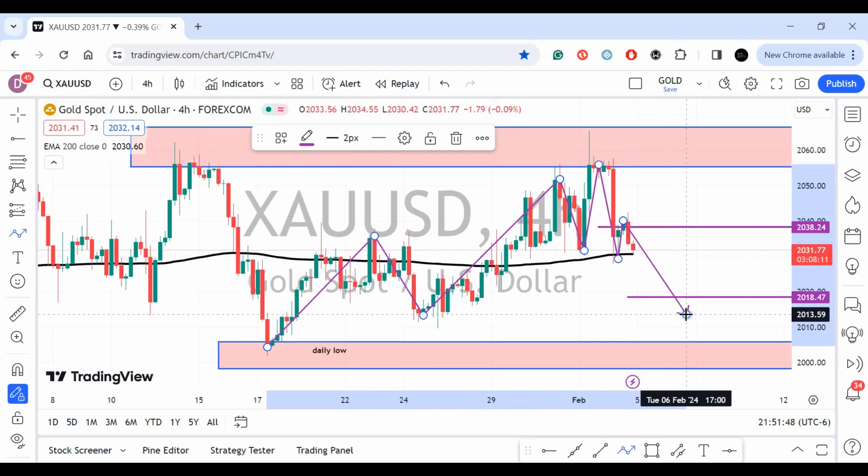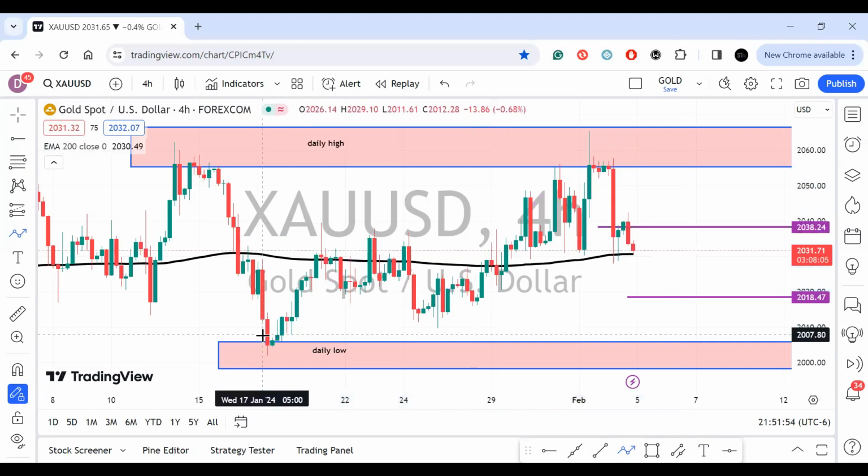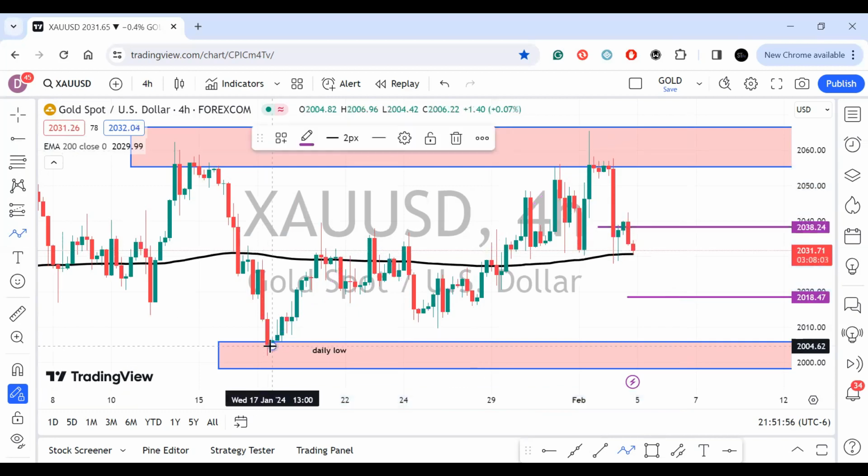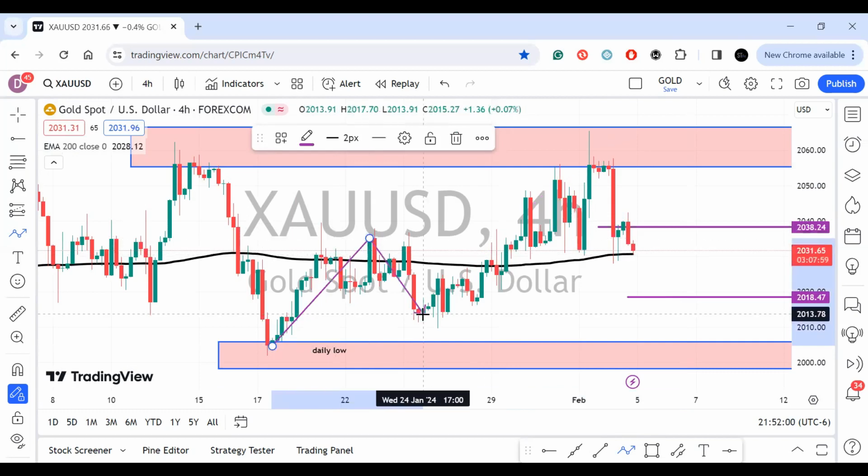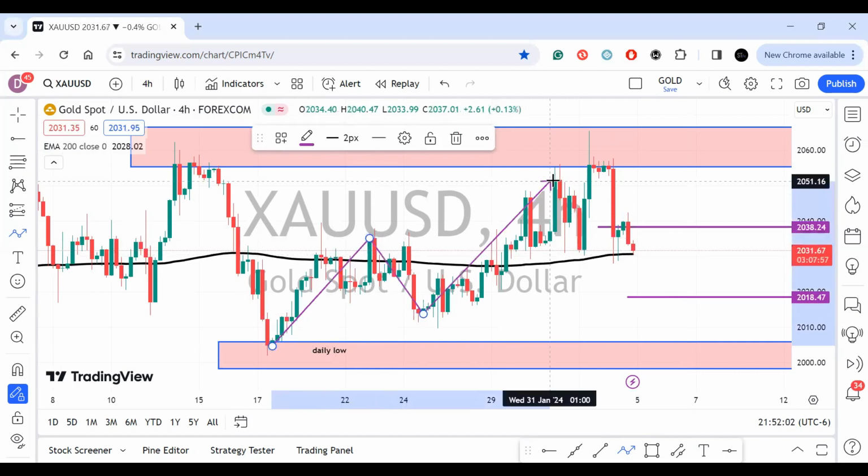What I'm looking for is, let me get this right. Overall, from here we have a structural high, so we have a low. Price made a new high here. We have a low, we have a high.